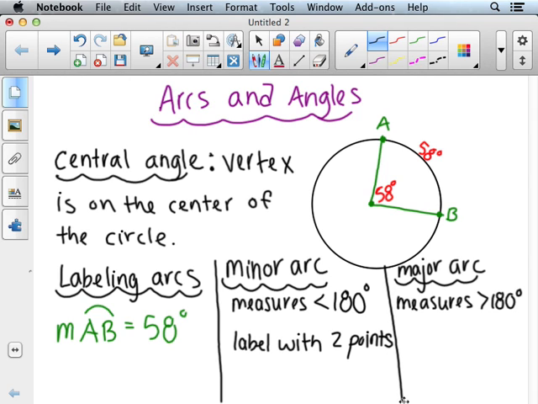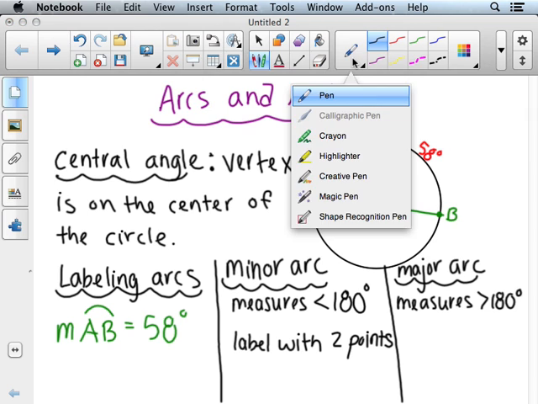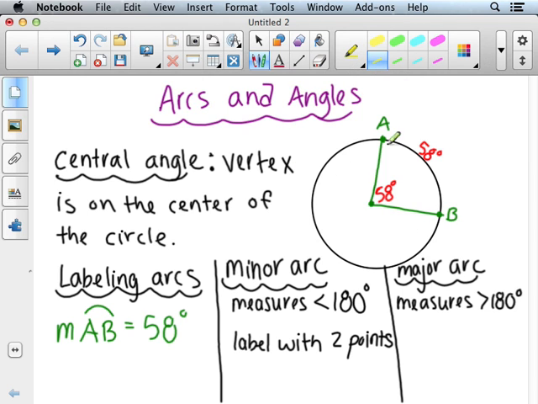A major arc, you need 3 points, because if I say arc AB, well, how do I know if I'm talking about this part or this part? So to specify that I'm talking about the larger arc, the major arc, I need to include a 3rd point.